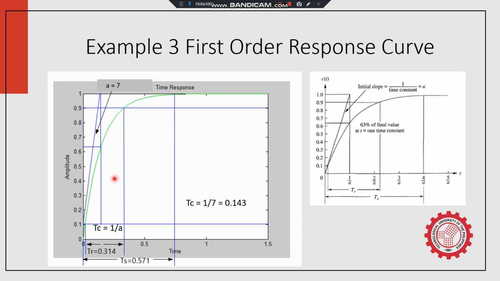So in the graph, we have here the time constant 1 over a to be 0.143. By the way, this is the graph given by MATLAB. So from 0, if this is 0.5, this is 1, and this is 1.5, then nandito yung 0.143 almost.